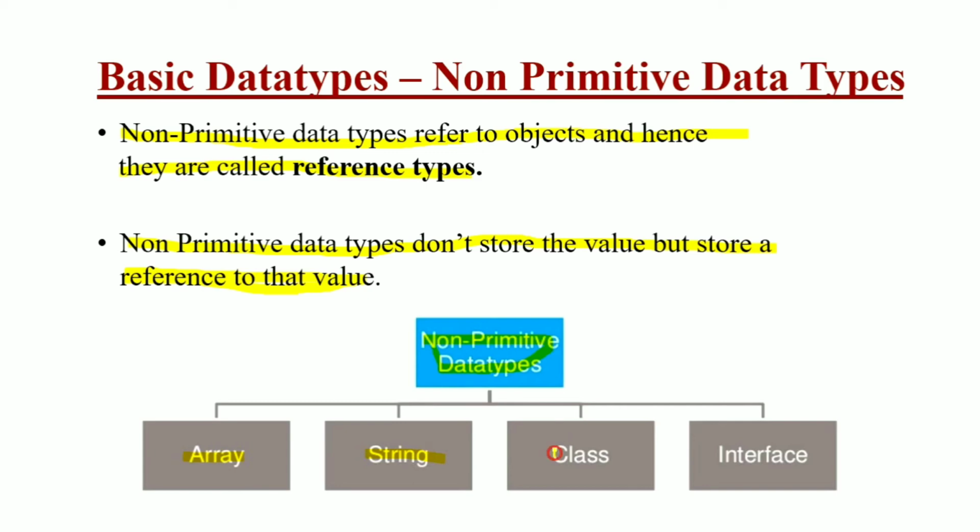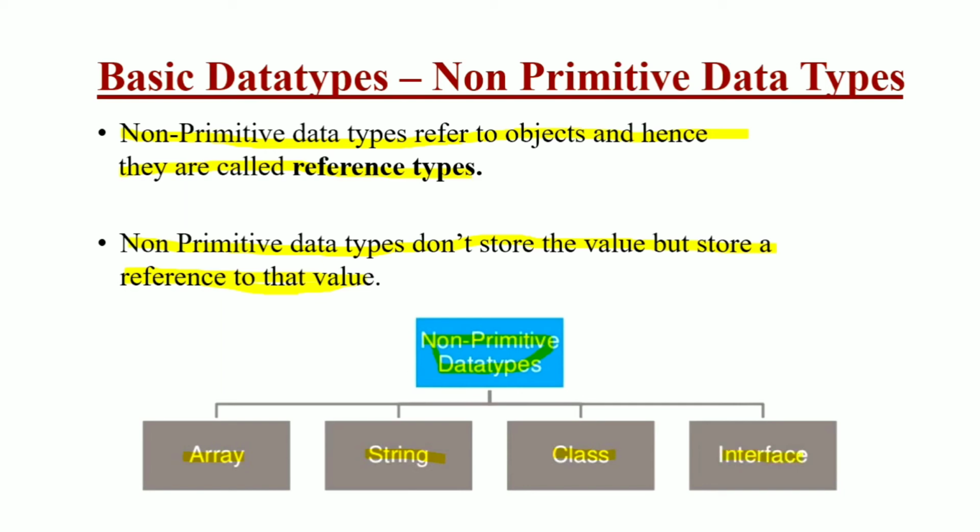Third one is class. It is a blueprint and it will store all the variables and methods of an object. It is also specified by the programmer. Last of all, interface.